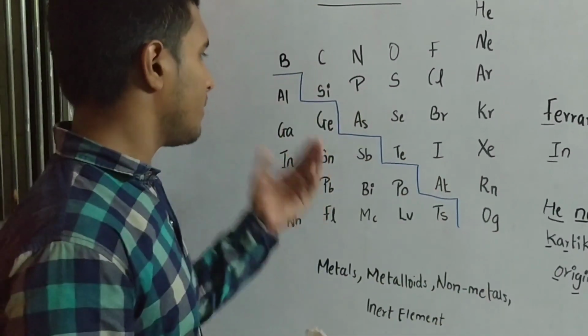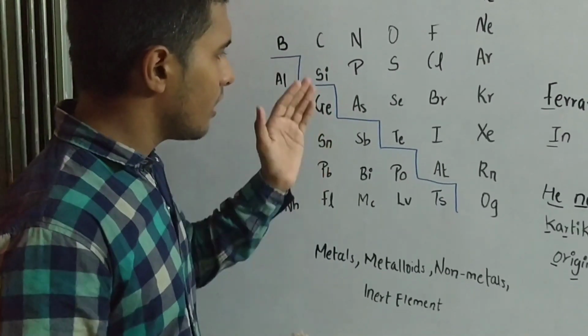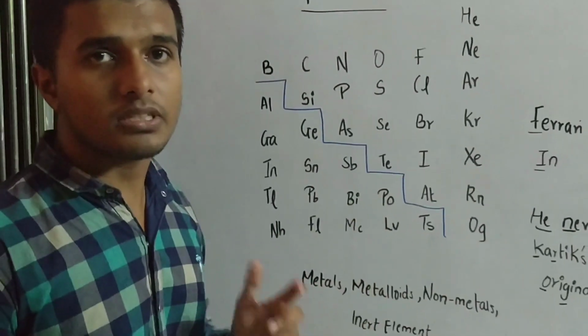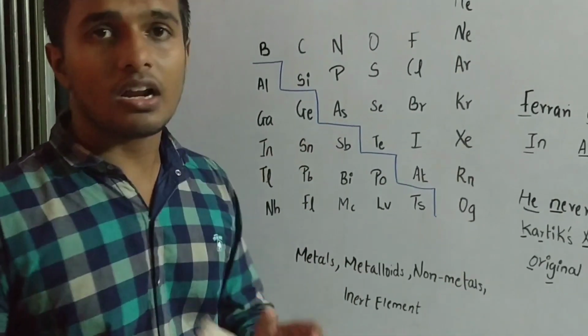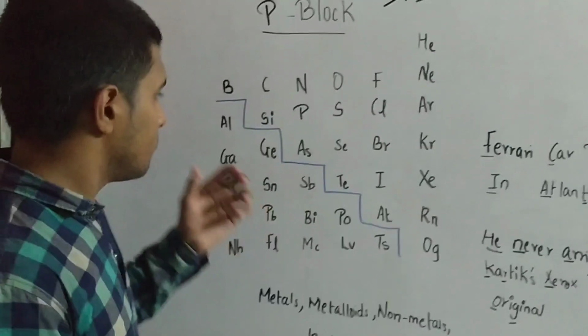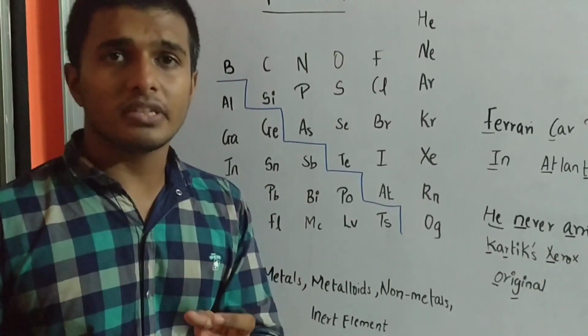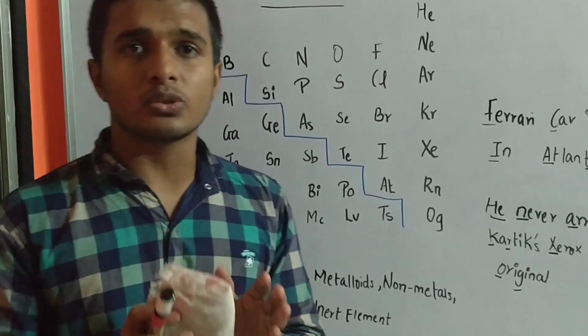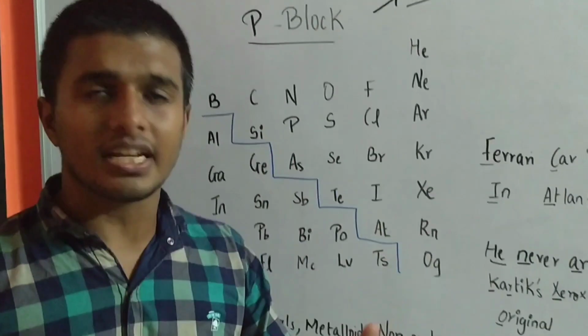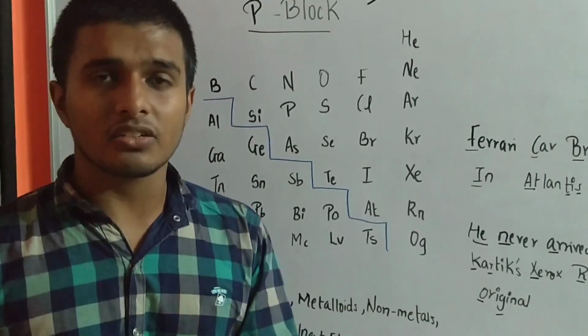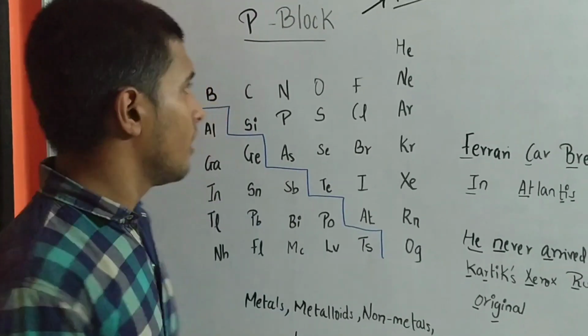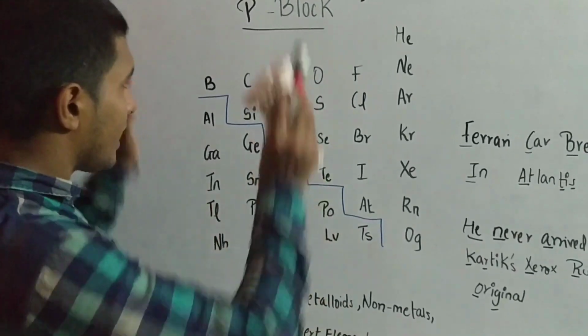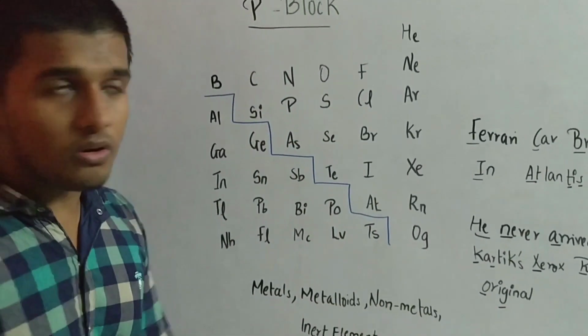So they were renamed as gallium, germanium, silicon, arsenic, antimony, bismuth and all. And all these elements are metalloids. What are metalloids? Metalloids are those elements which have the properties of both metals as well as non-metals. This is the basic knowledge that you have to keep in your mind. So I hope you have memorized this particular block also.